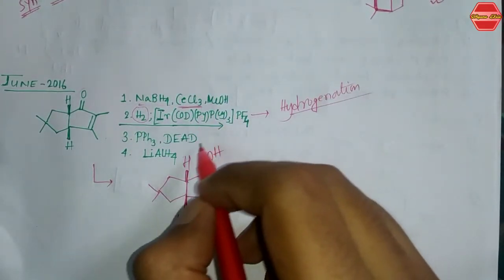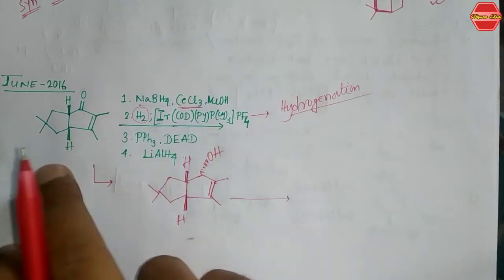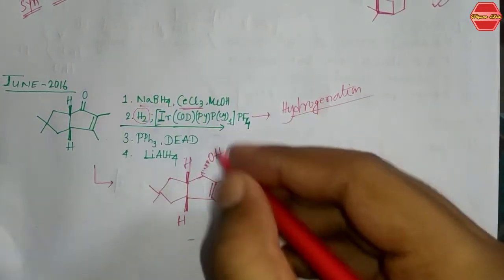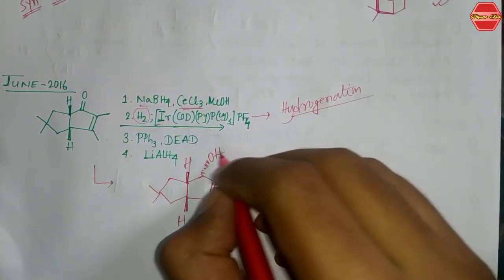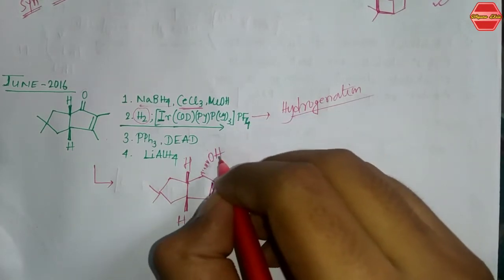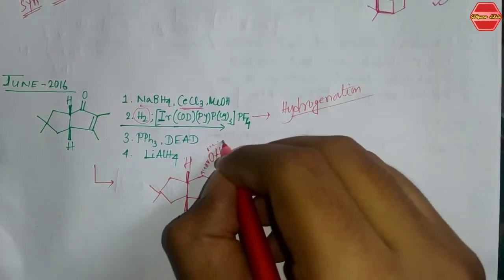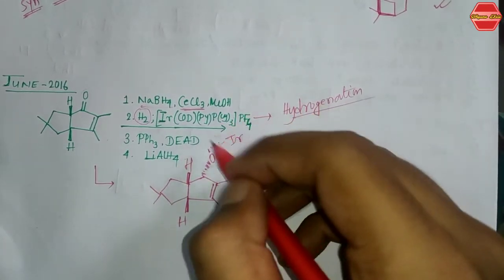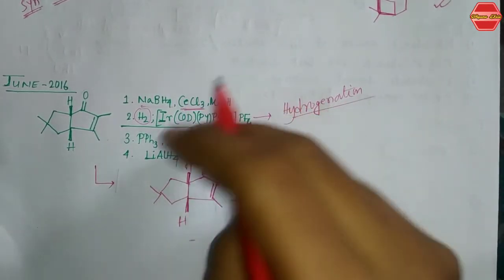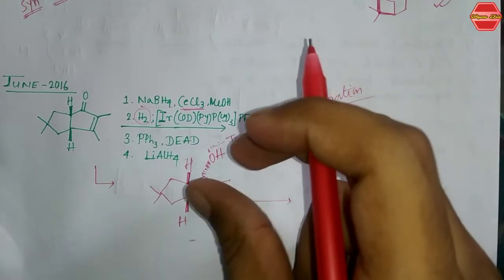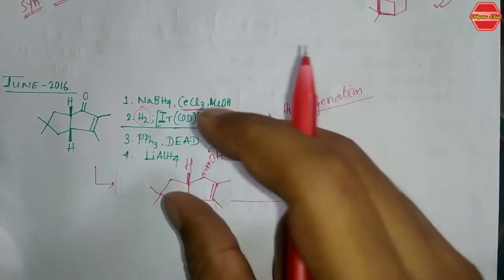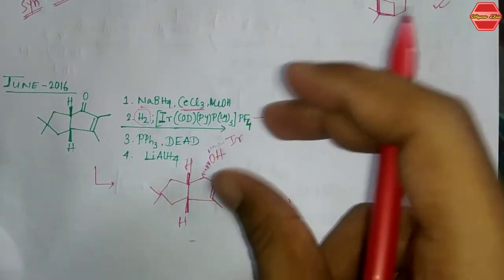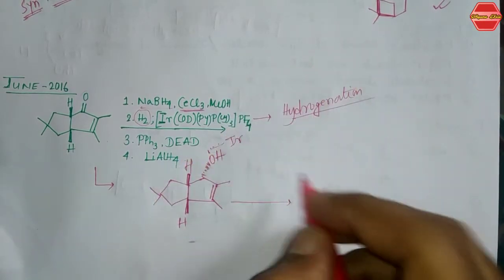If the OH is above the plane, then this overall group, that is basically this oxygen, is coordinated with the iridium. Basically this oxygen is coordinated with the iridium complex. So when it combines with the iridium complex, the hydrogen addition takes place below the plane if the OH is below, and if it is above the plane, the hydrogen addition should be above the plane, right?